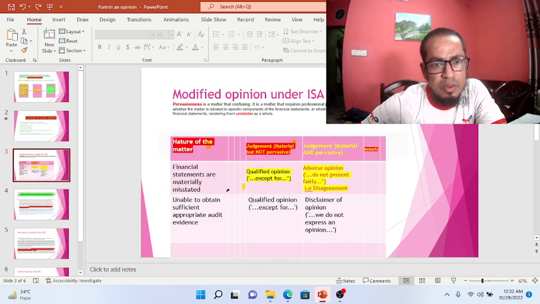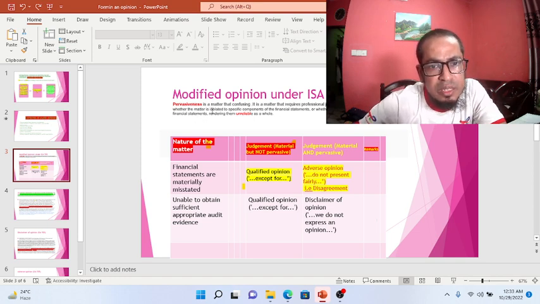The third slide is our modification. An unmodified report is clean. We will see Podda Company for a clean or unmodified opinion. The modification depends on pervasiveness. Pervasiveness is a confusing matter that requires professional judgment.